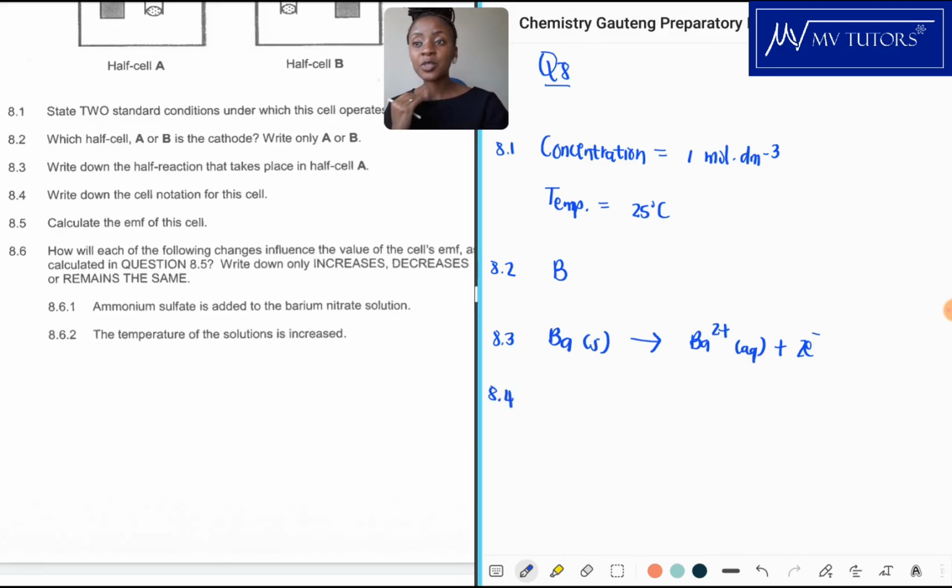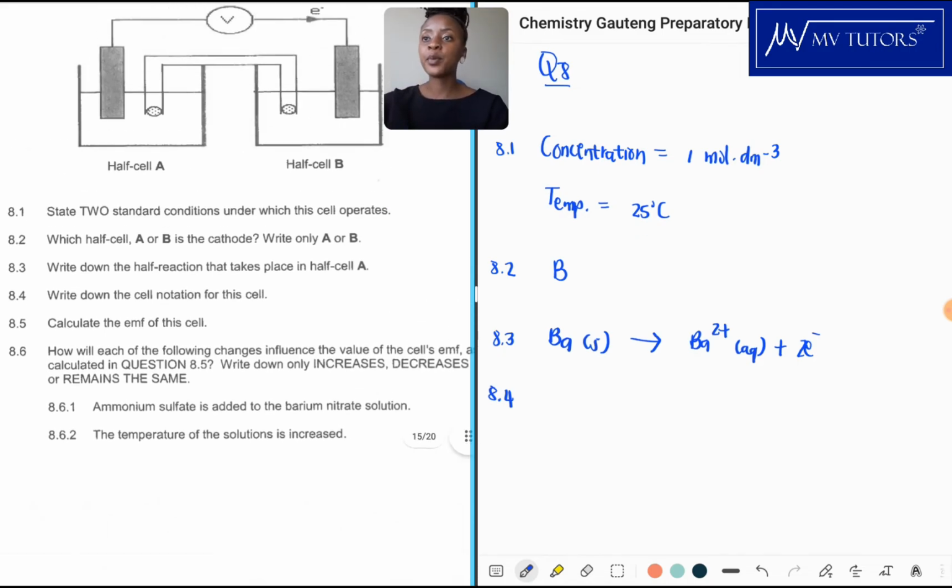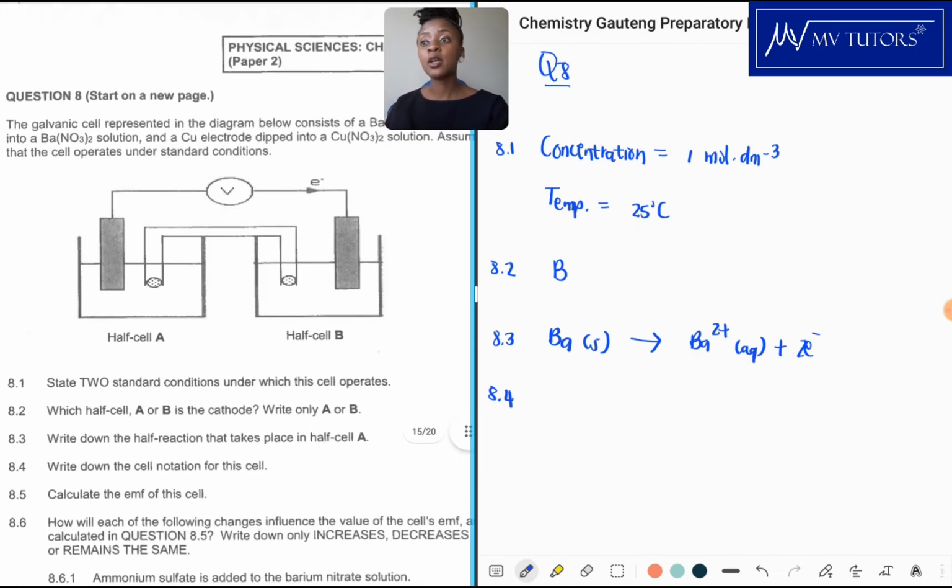Now 8.4. Write down the cell notation for this cell. Remember, we have a galvanic or voltaic cell, so you're going to have to show the electrode, what happens once it's in solution, the salt bridge, what happens at the cathode, and so forth. We have established that at half cell A, that is where oxidation occurs. That's the anode. We started off with our barium in a solid phase as the electrode, and then it dissociates into its ions.